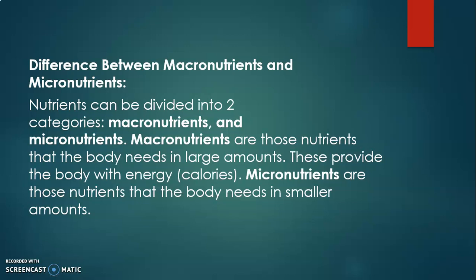These provide the body with energy, and micronutrients are those nutrients that the body needs in smaller amounts. But both nutrients are very essential to our body and also for the microbes. This is all about microbial nutrition.